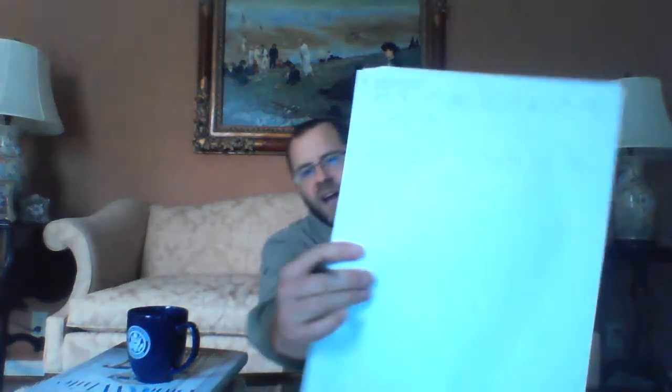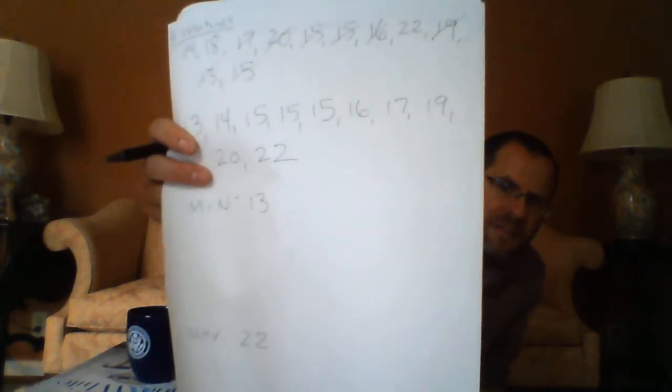That's easy enough, right? The min is the smallest number that we have in our data set, and we've put them in order already, so that's easy. We look, and that's a 13. Our max is the largest number in our data set. Again, we've already put them in order, so we can just look at that and say, aha, the biggest one is a 22.